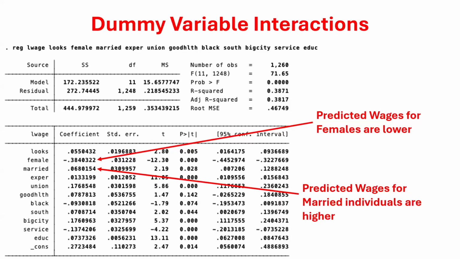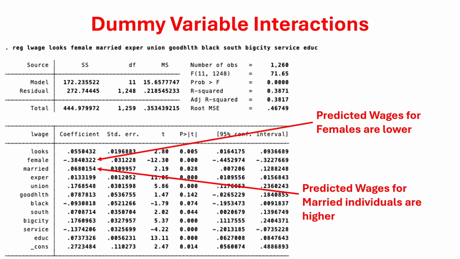Okay? Now, what is true about being married? It looks like it actually increases the predicted wages. But that's the average effect across both males and females of being married. Well, if I'm getting the average effect, think about it this way. What if the effect for males of being married was positive and the effect of females being married was negative?